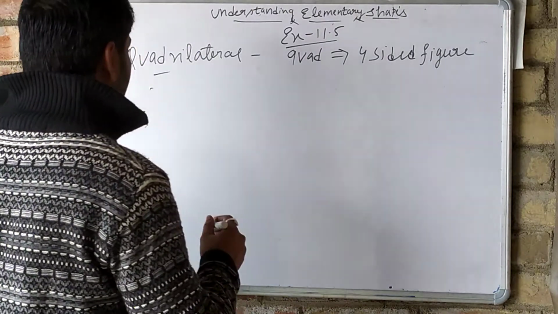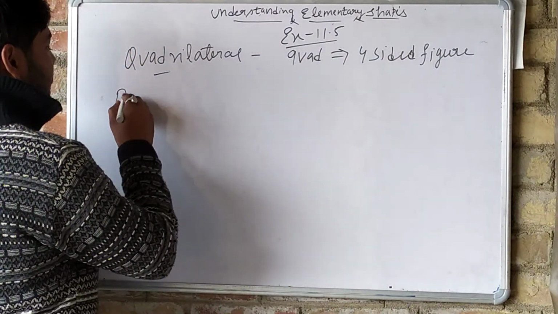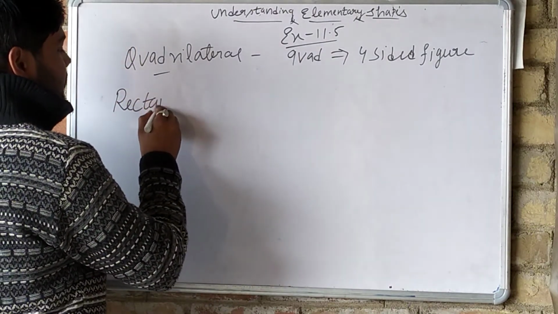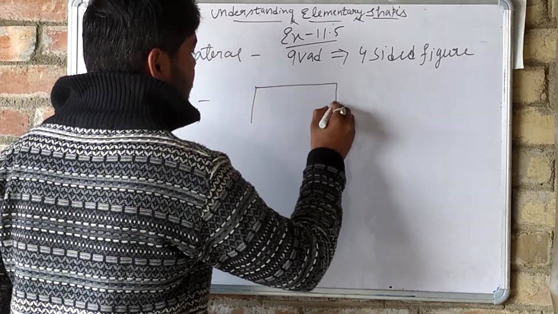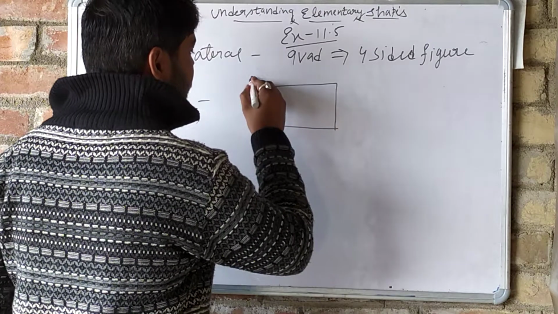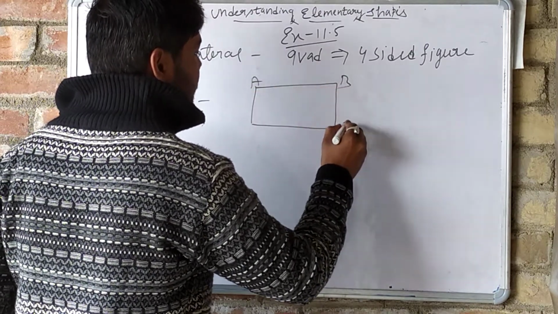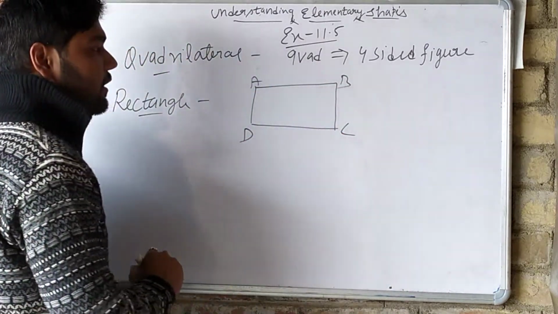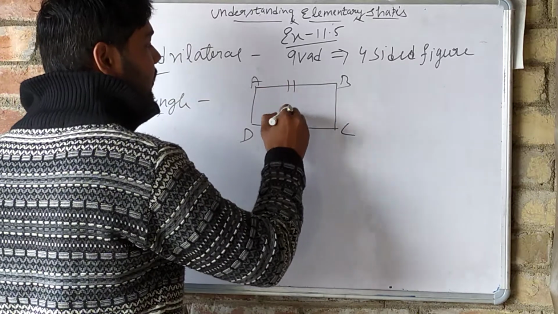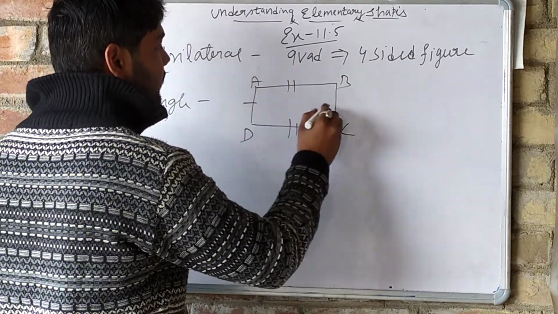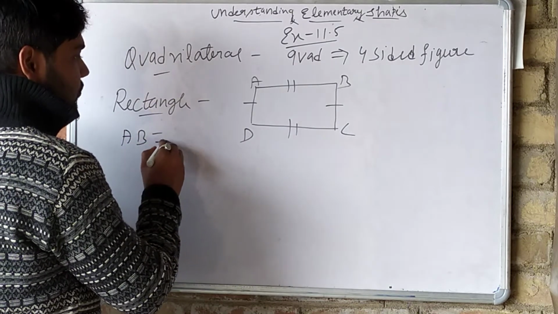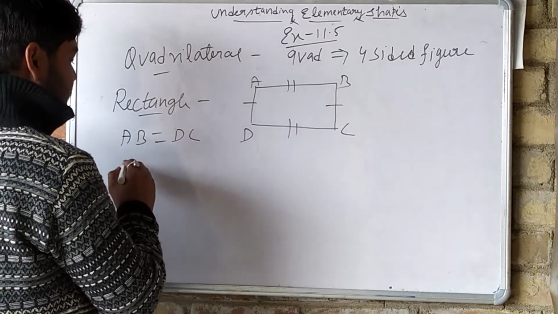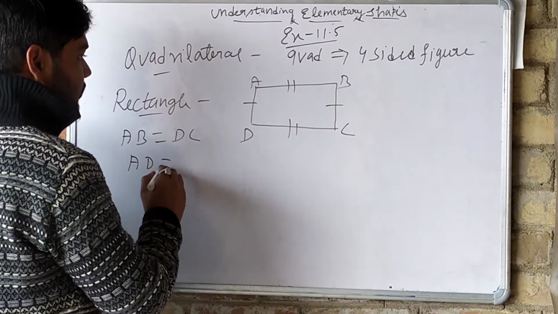The first one is rectangle. We all know this is a rectangle ABCD, in which AB is equal to DC and AD is equal to BC.